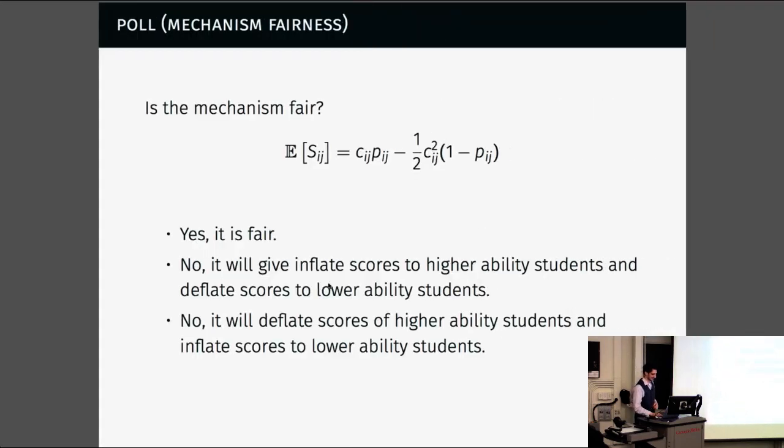Okay, let's think about this. So C sub ij, what was that under this mechanism? What score did we elicit from the students, given the mechanism? The odds. Right, so if we plug that in, what do we get?